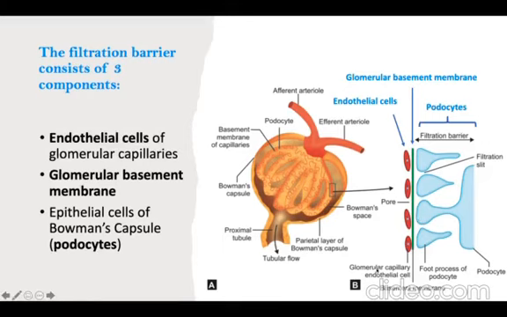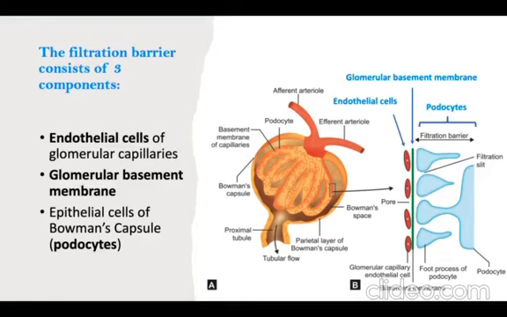So we can see here the glomerular capillary endothelial cell in red, and then neighboring it the basement membrane, and next to it are podocytes, which have foot processes. These three form the filtration barrier.